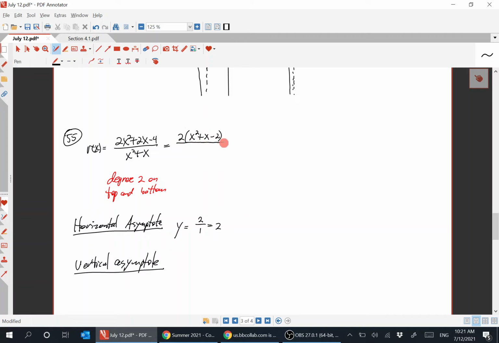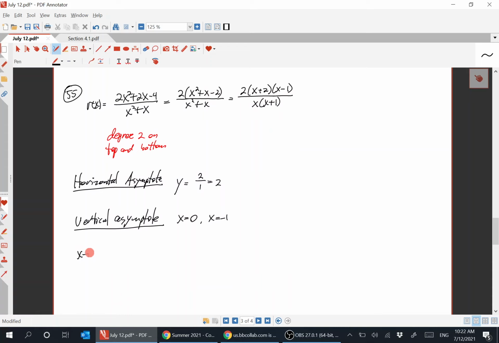That does factor. So we get 2 times (x plus 2)(x minus 1). And on the bottom, x times (x plus 1). So vertical asymptotes on the bottom at x equal to 0 and x equal to negative 1. That's where the bottom is 0.